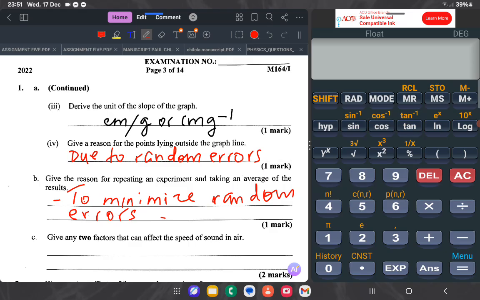This cannot be used to eliminate systematic errors. Systematic errors are always inherent in the experiment because they are due to the instrument being used. So they cannot be eliminated by repetition of the experiment and averaging of the values. It's only random errors that can be minimized by repeating the experiment and averaging the results.